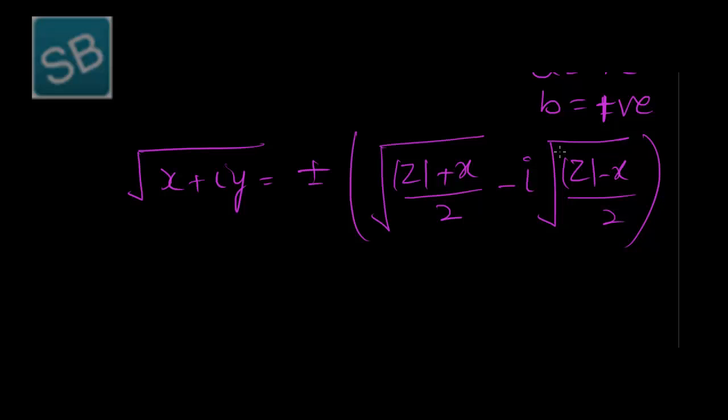So we notice that we always get two values of the square root of a complex number. So by using this, we can easily find the square root of a complex number very successfully by revising the questions and by revising the formula again and again.